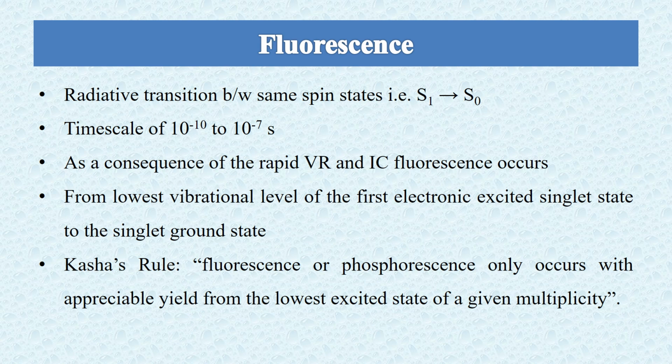Fluorescence. It is a radiative transition between the same spin state, S1 to S0, and its time scale is 10 raised to minus 10 to 10 raised to minus 7 seconds. Its time scale is very short, that's why it is very rapid. Again, as a consequence of vibrational relaxation and internal conversion, fluorescence occurs.